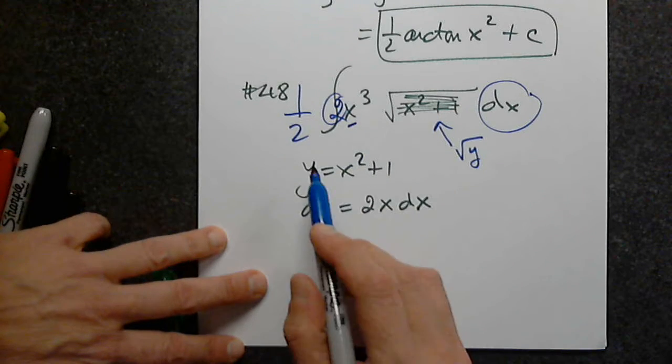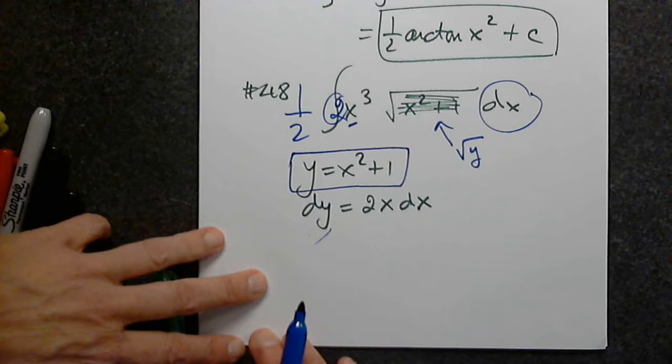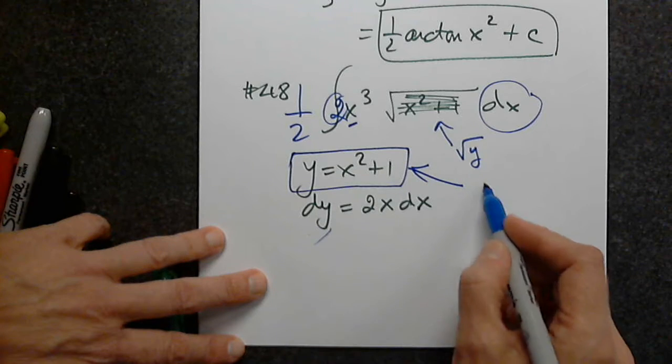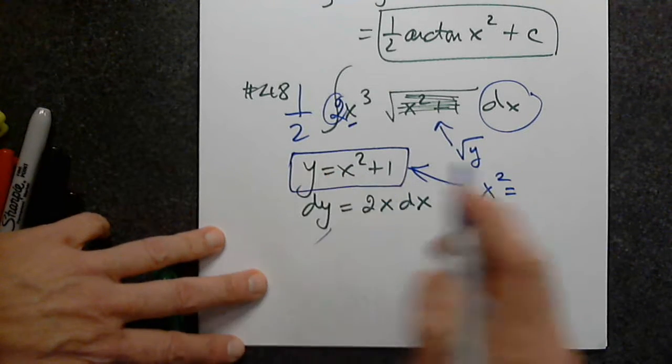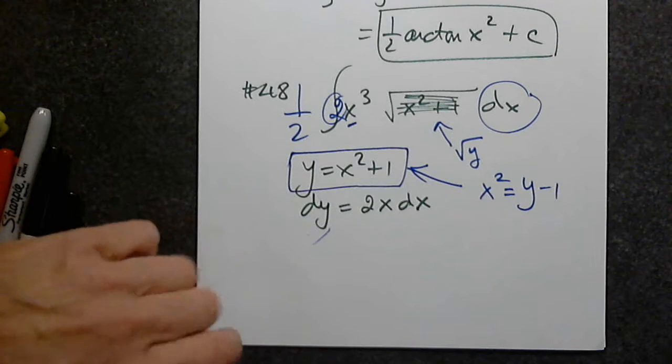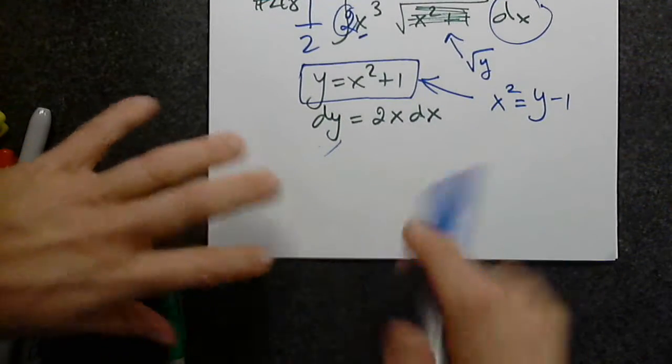Correct. Can I, from here, determine x squared? The answer is yes. How much is x squared from here? So although this is slightly more sophisticated, I can still make it work. Correct. So let's start from scratch.